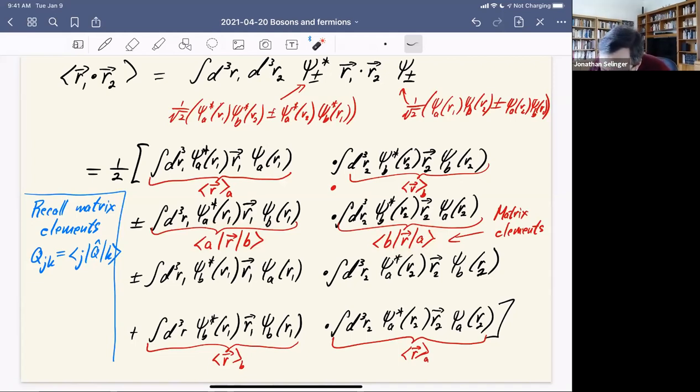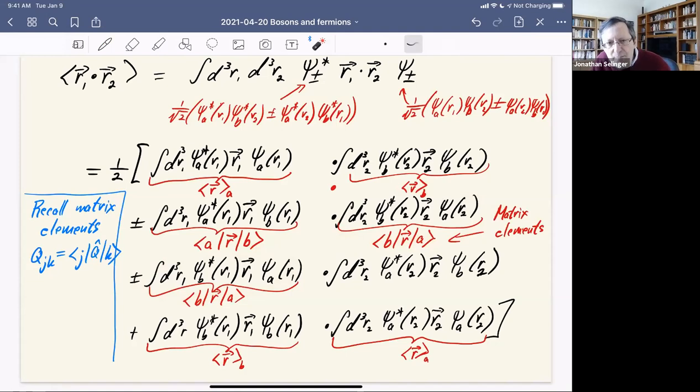The same thing is true on the next line. On the next line, we have the bra B, the position operator, and the ket A. This thing is just like this thing, except that the variable that you're integrating over has been relabeled as R1 instead of R2.